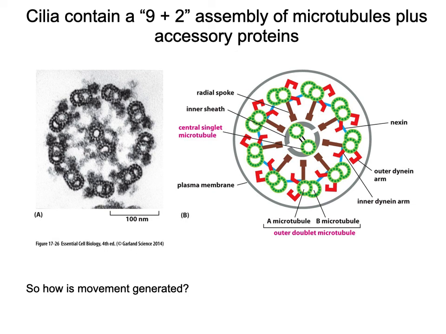So 9 times 2 is 18, plus 2 in the middle, 20. So there's 20 microtubule filaments that come together to end up creating the cilia and the flagella.